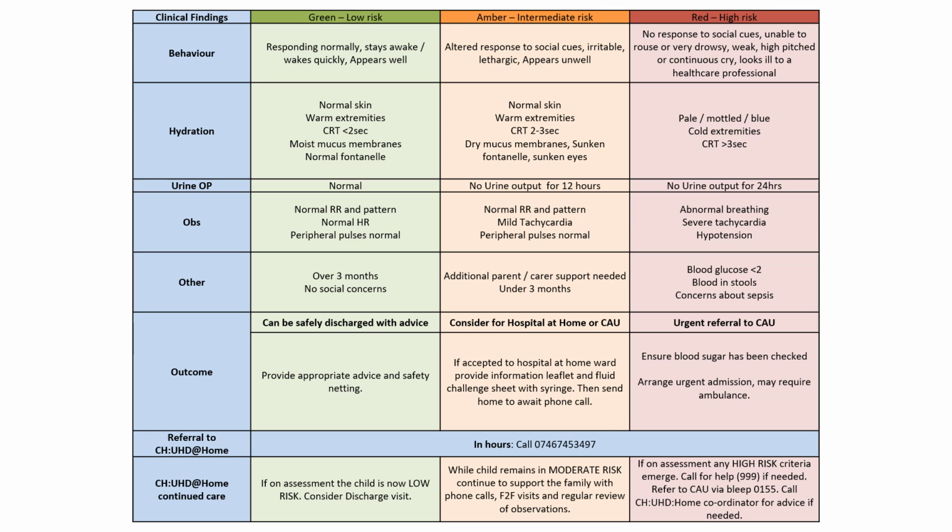These children are grumpy, not tolerating fluid, or you think the family would struggle to do a fluid challenge. They are mildly dehydrated. They might not have passed urine for up to 12 hours. They're not showing any sign of respiratory infection, but they can be a little bit tachycardic. We're also happy to look after children with additional parent or carer support needs and the high-risk children who are under 3 months.